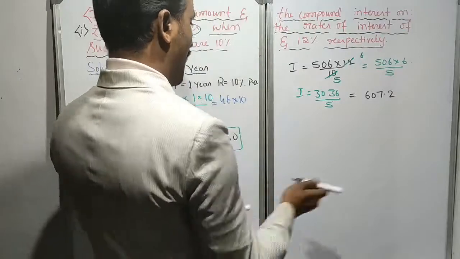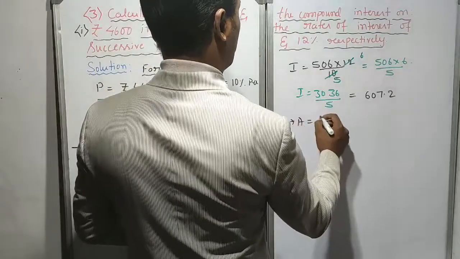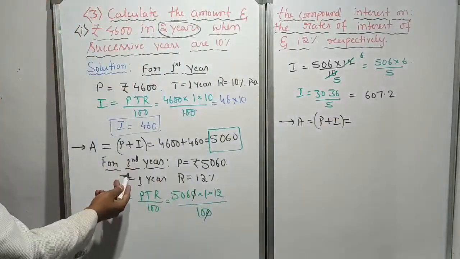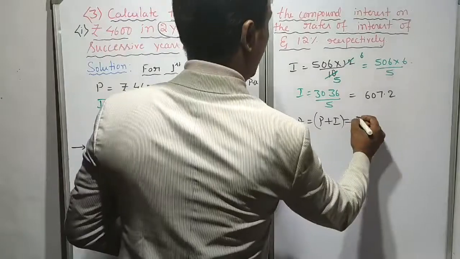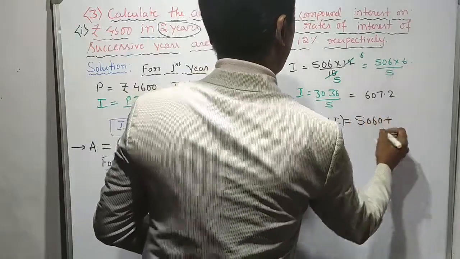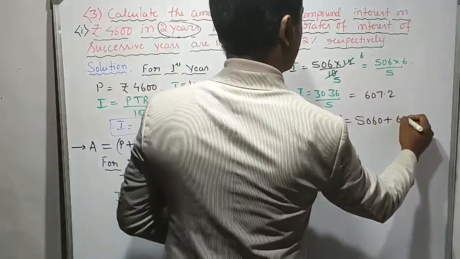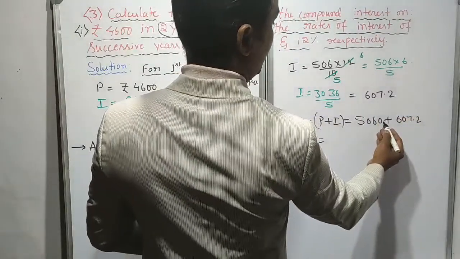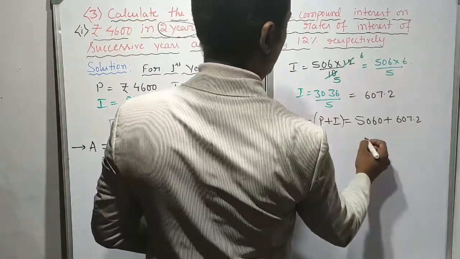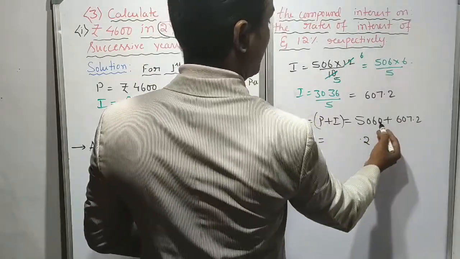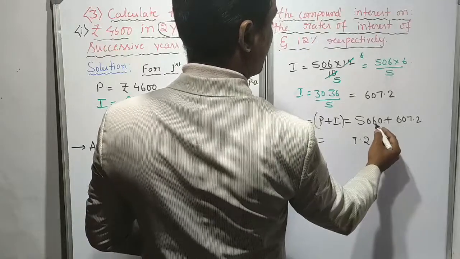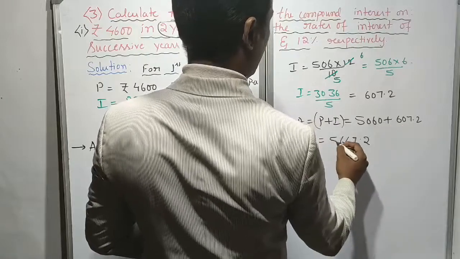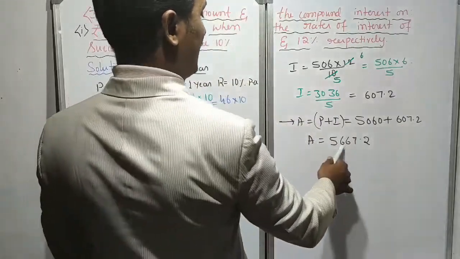Then what next step? Amount is equal to principal plus interest. The principal amount at the beginning of the second year is 5,060, plus the interest at the end of the second year, 607.2. Addition: after the decimal point, 0 plus 2 will come after the decimal point. 7 plus 0 is 7, 0 plus 6 is 6, 6 plus 0 is 6, then 5. 5,667.2.